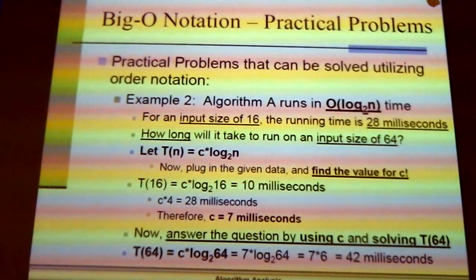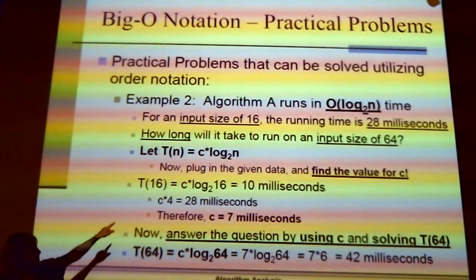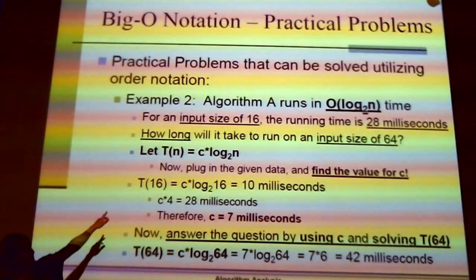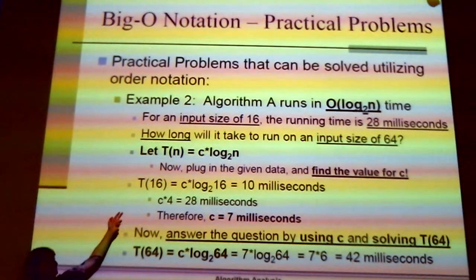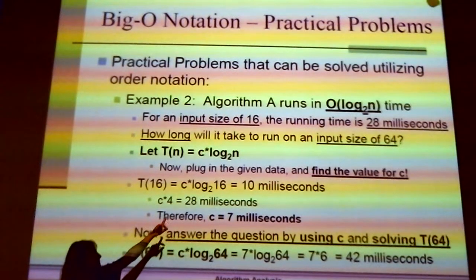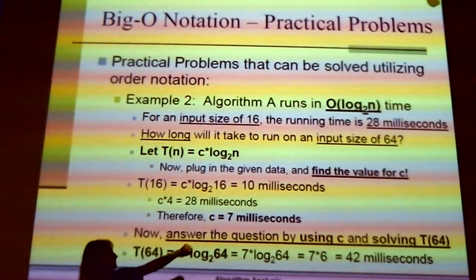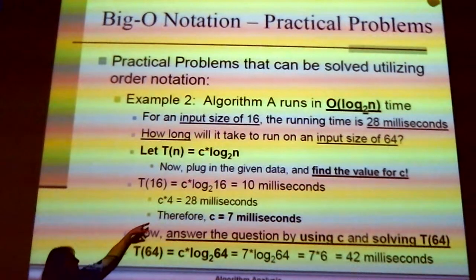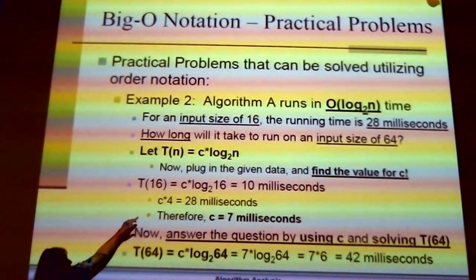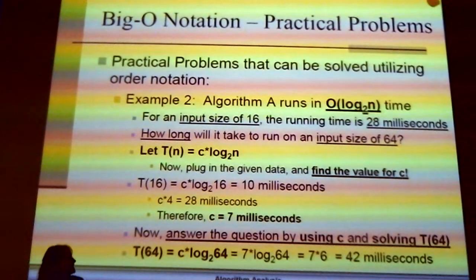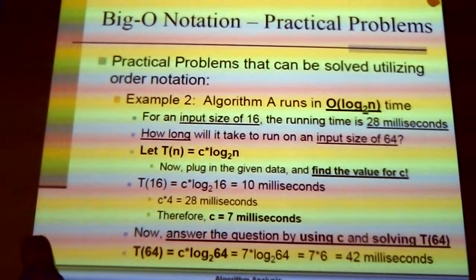So here we put in the actual data that we're given. We're given the 16. We have our constant C times log 2 of 16, and that equals 28 milliseconds. If we do the math on that, we end up with C times 4 is 28 milliseconds, and therefore our C is actually a 7.